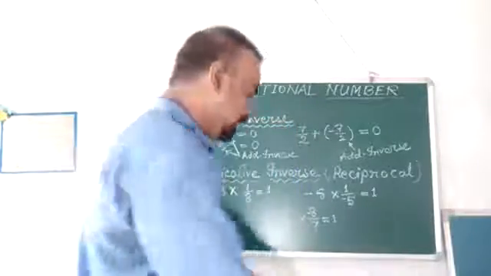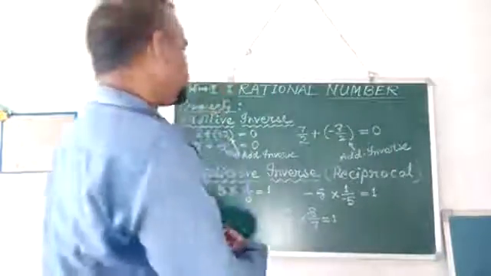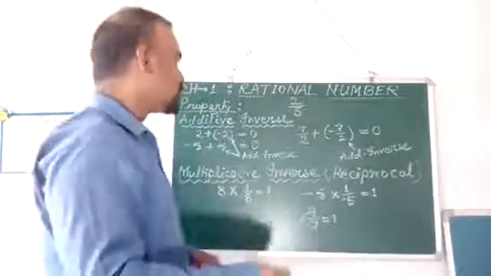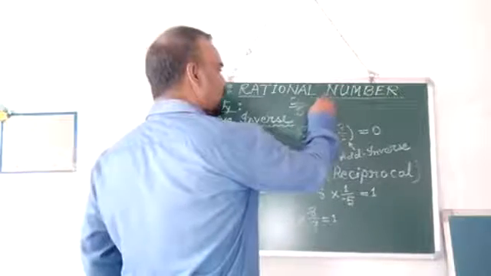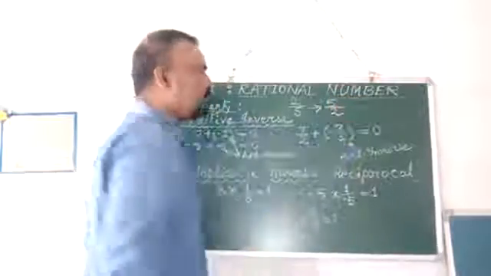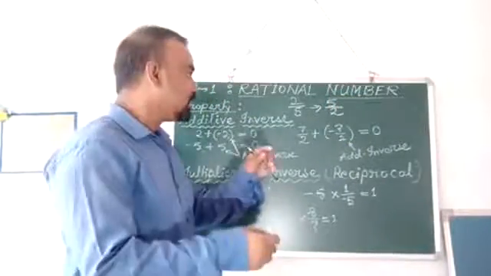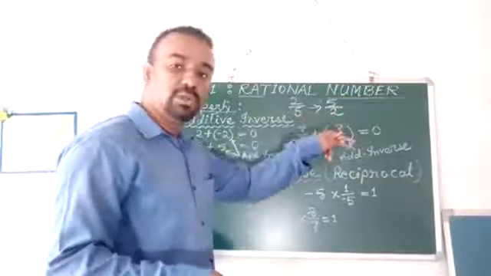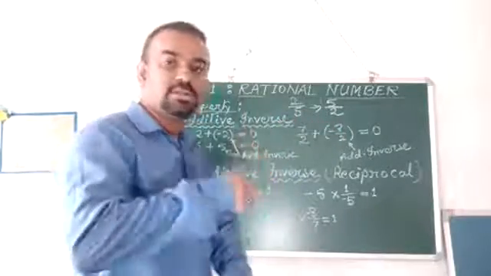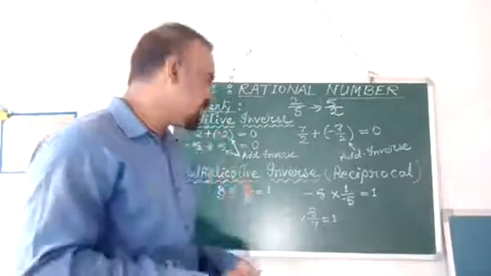Suppose you have 2/5. If you reciprocate, the number will become 5/2. The numerator goes to the denominator's place and the denominator goes to the numerator's place. Just change the position of the numbers. That is known as reciprocation.